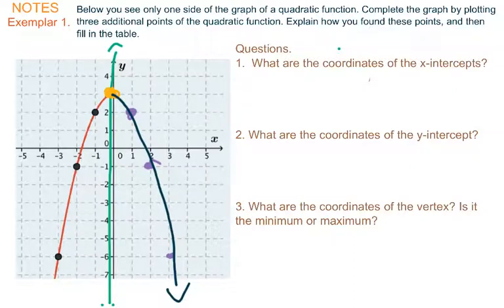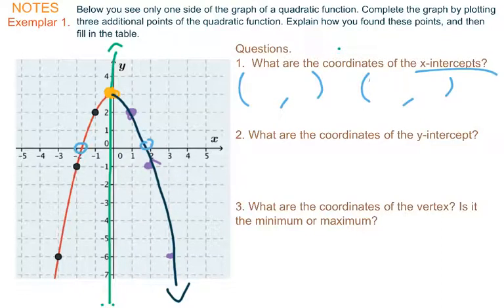So it says, what are our x-intercepts? X-intercepts, if I go back to my definition in my vocabulary, those are when the line of my graph crosses the x-axis. So here I am going to my x-axis, and I have two x-intercepts. However, I don't know the exact coordinates of those points, so I'm going to approximate.